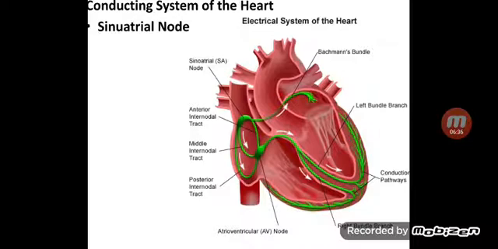So here the impulse comes from the SA node to the atrioventricular node. Then from the atrioventricular node to the atrioventricular bundle to be distributed to the ventricles, causing contraction of the ventricles.